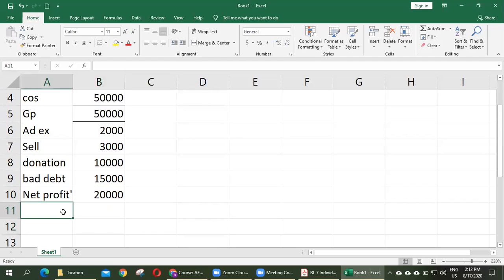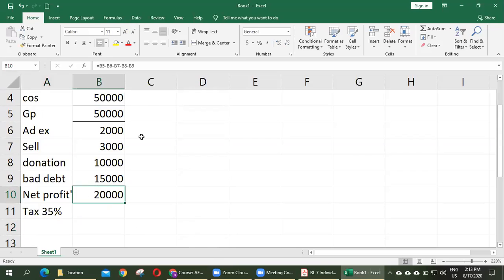So you have to pay tax at 35%. So the income tax is 7,000, right?